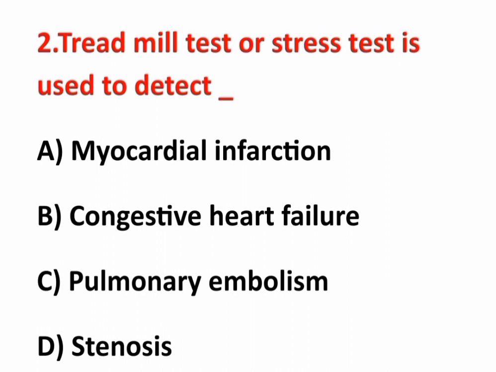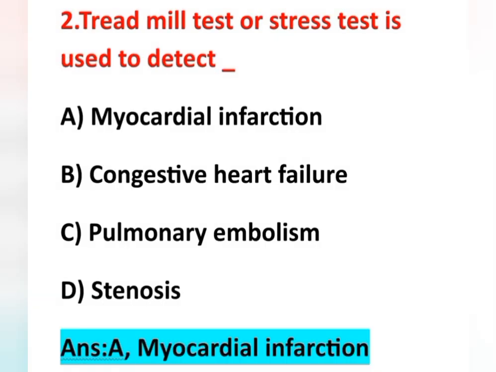The treadmill test is used to diagnose coronary ischemia or myocardial infarction and exercise-induced arrhythmia. Here, myocardial infarction is there, so that is the correct answer. How the test is performed, we will see.